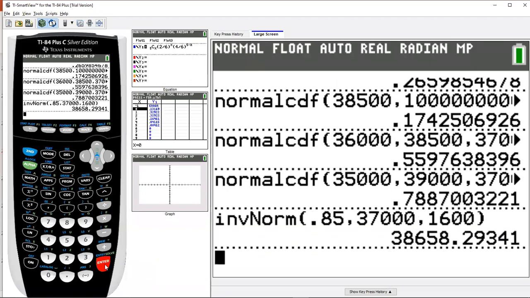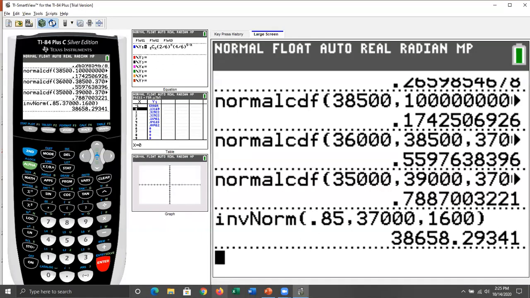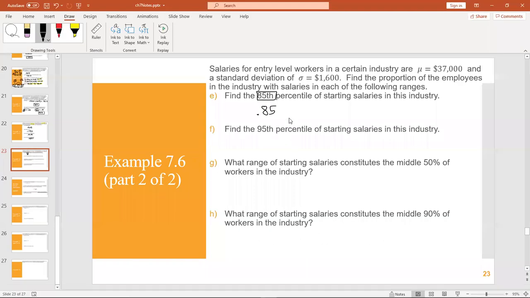That's 38,658.29. So that is the amount of money that fits into that description.